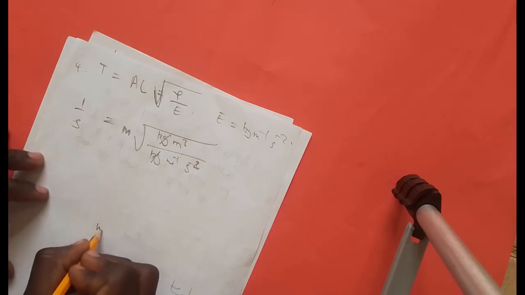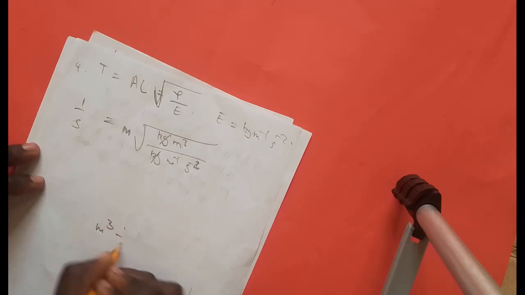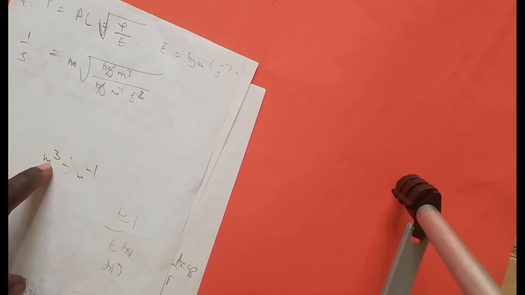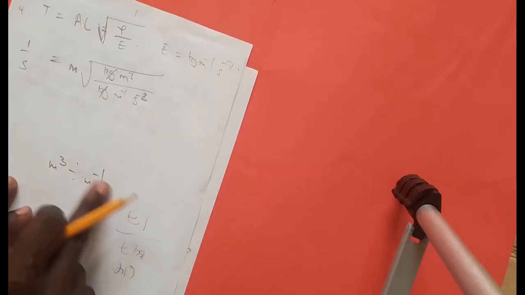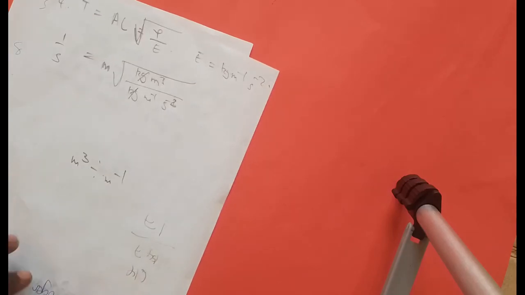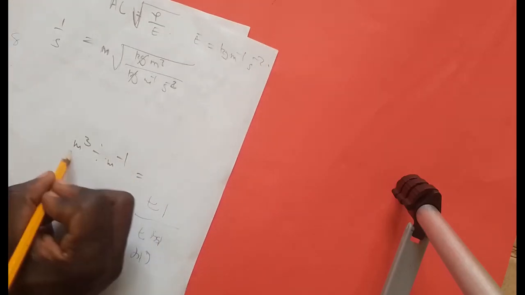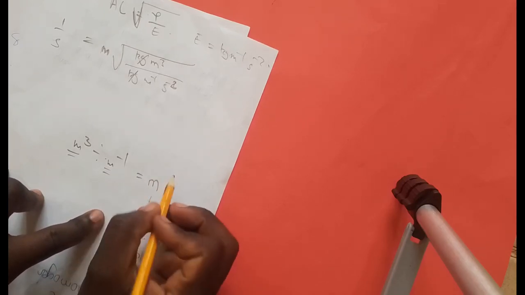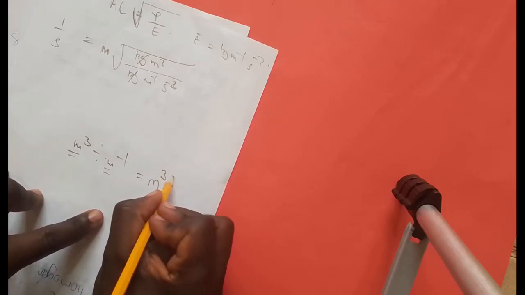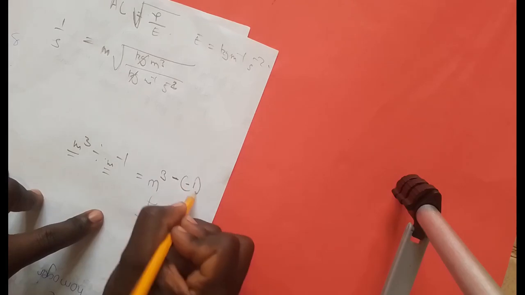So m to the power 3 divided by m to the power negative 1, what do we do? We add the powers? No, when you're dividing, you subtract the powers. We have the same base here, which is m. So this is equal to m to the power 3 minus negative 1.